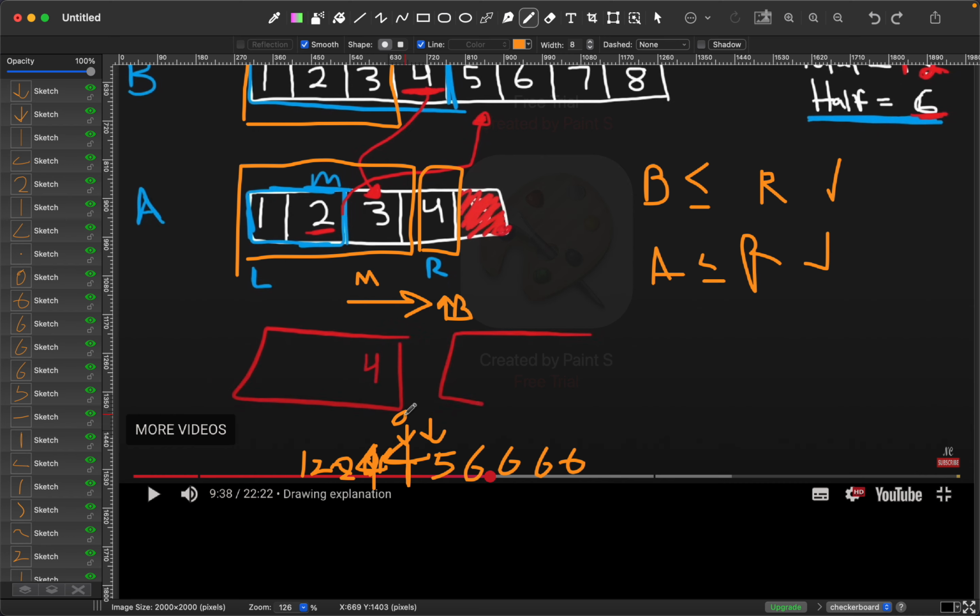So we have A and B. A plus B divided by 2. Intuitively speaking, that's how you actually calculate the median.